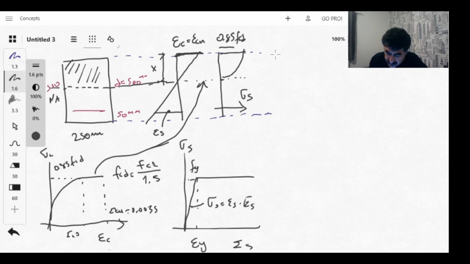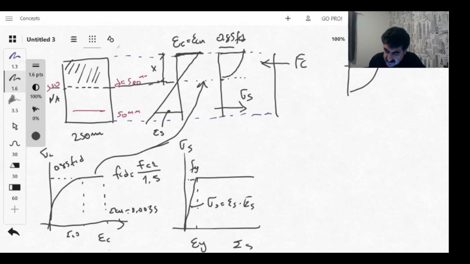Now for force equilibrium and moment equilibrium we need to calculate the forces. What forces do I have? I have forces in concrete, Fc. How am I going to calculate Fc? I need the volume of a shape like this.